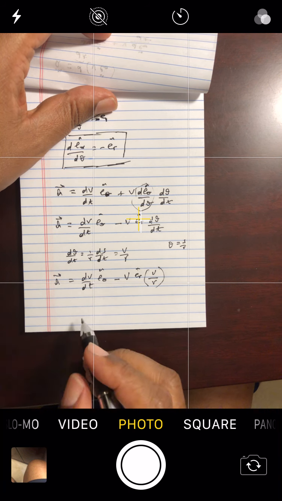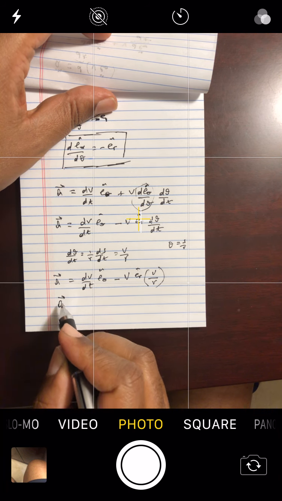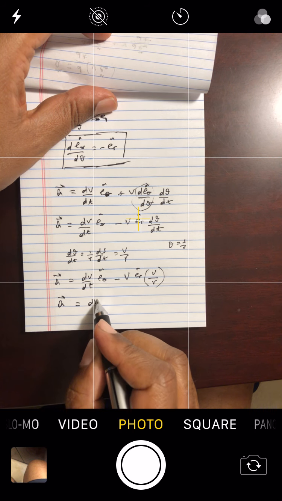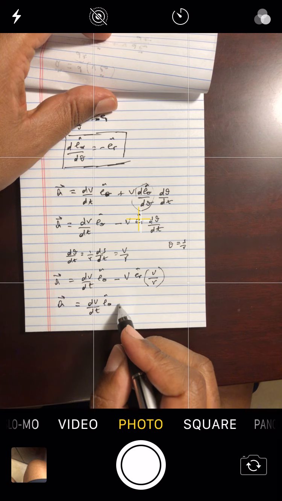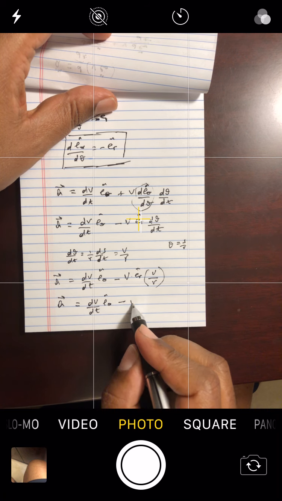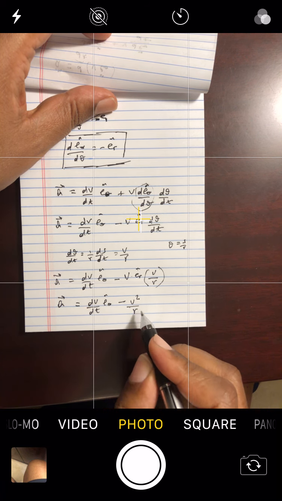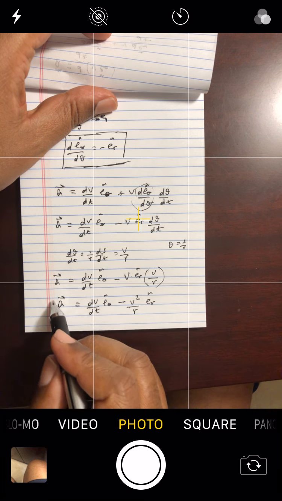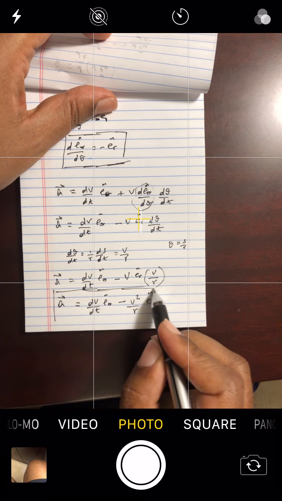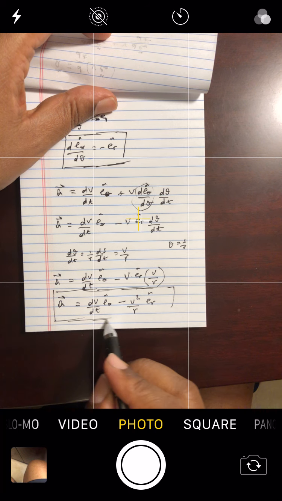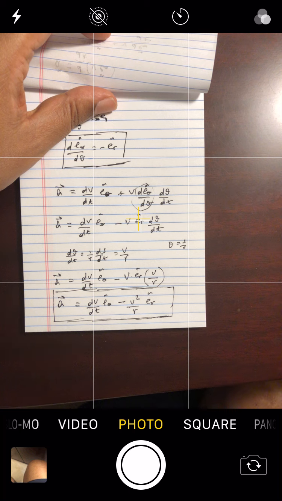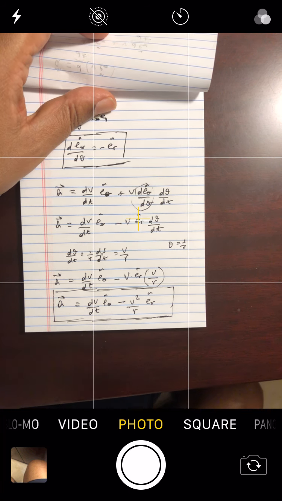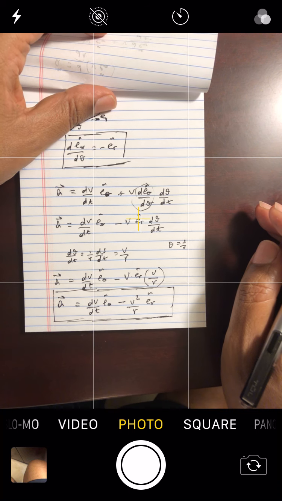And so we have the following formula. Acceleration equals the derivative of the magnitude of the velocity in the direction of e theta minus, you see, the square of the speed divided by the radius in the direction of e r. So this is the formula for the acceleration for an object going in a circular path in terms of polar coordinates.